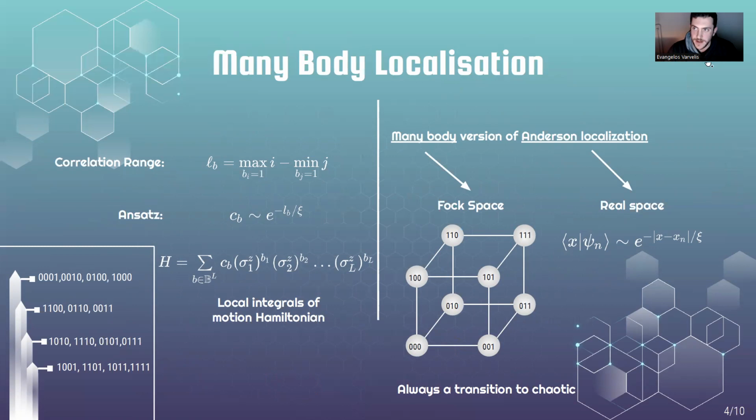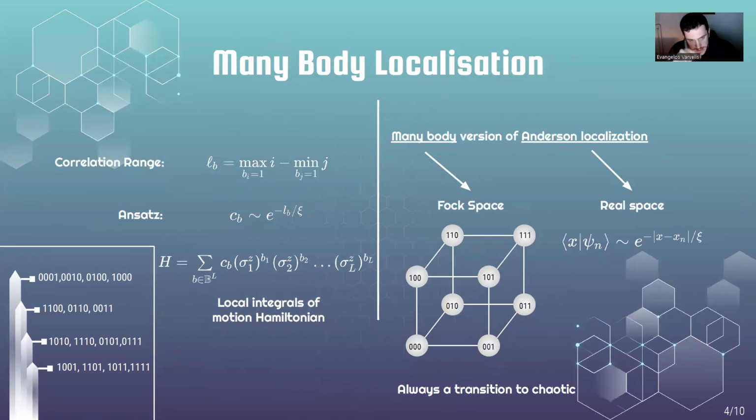So when you are in the localized regime, you have these coefficients of the many-body interactions being exponentially small. In this regime, you can expect that for long times, the entanglement entropy of the eigenstates is going to fluctuate.